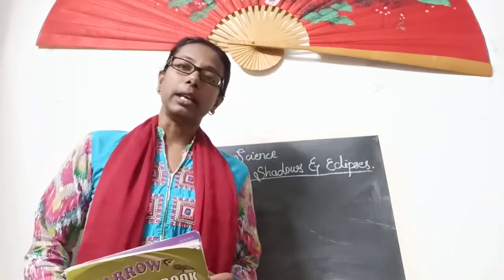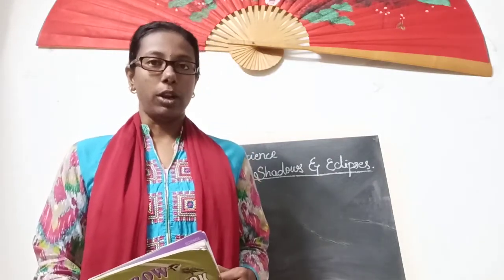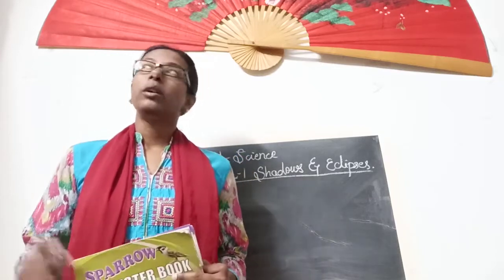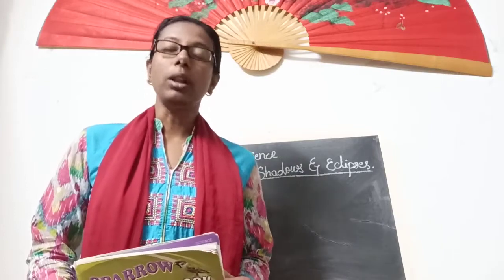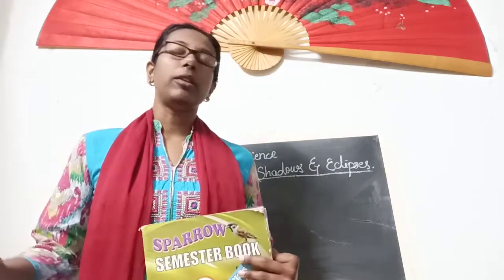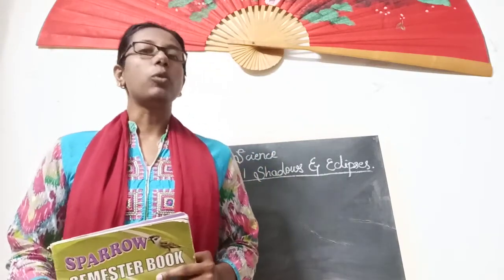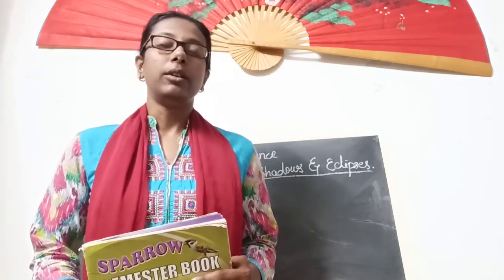So earlier days we never had tube light, bulbs and all before its invention. But now, because of electricity and all, whenever we want, we can switch on the light. But earlier days, we used to depend only upon the sun, the stars, the moon, right?